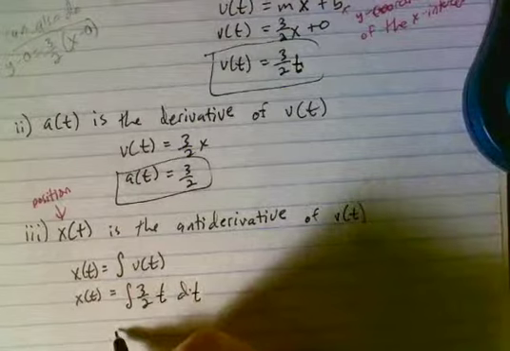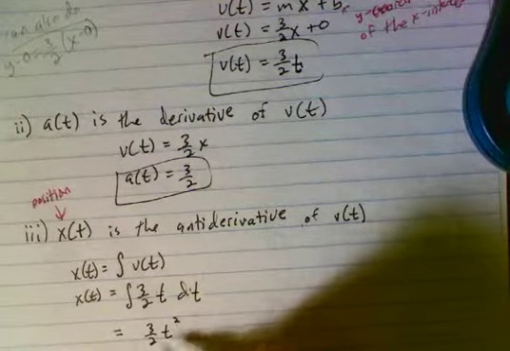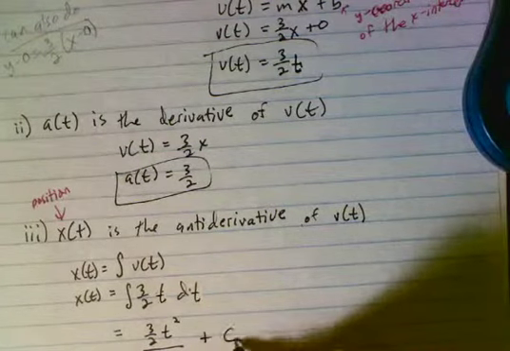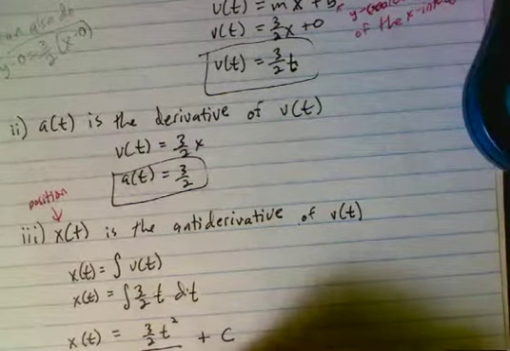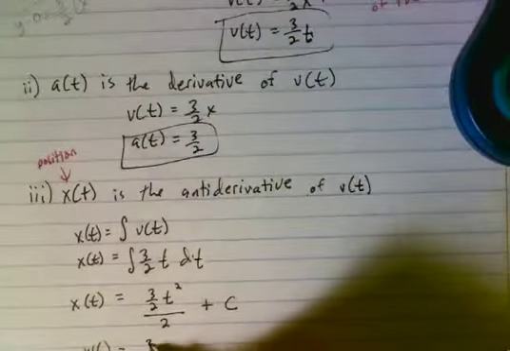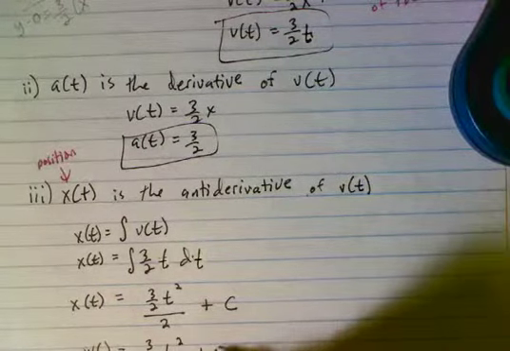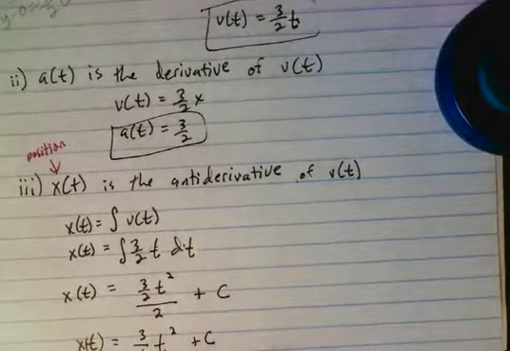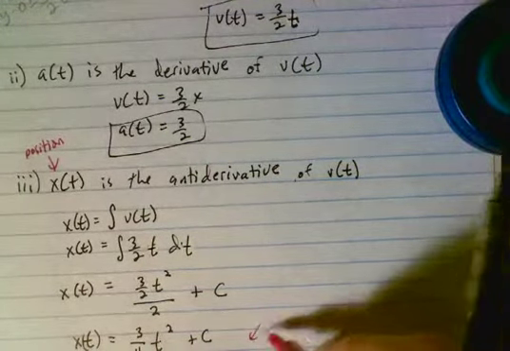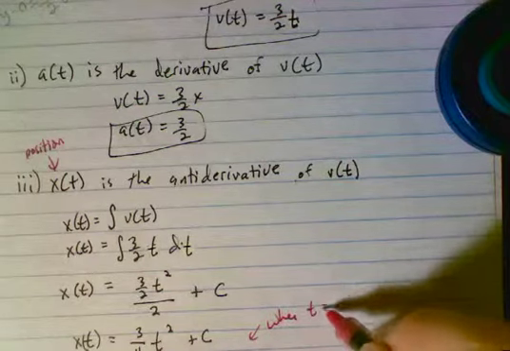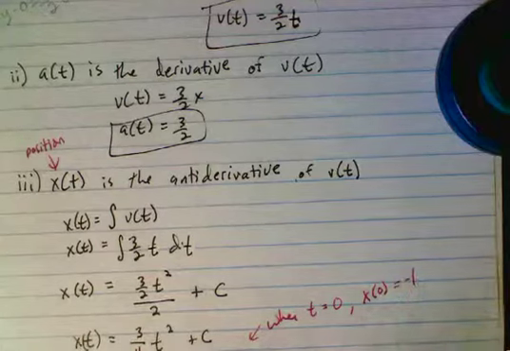So when I take the antiderivative, I'm going to add 1 to the exponent, divide by the new exponent, plus c. Three halves divided by 2 is 3/4. But we don't want to just leave this plus c here, so we substitute in when t equals 0, x of 0 is -1.